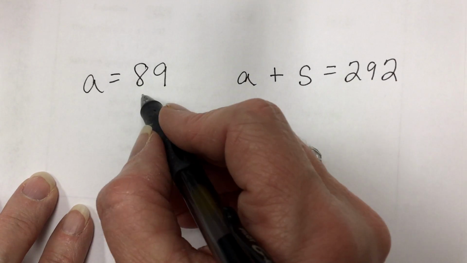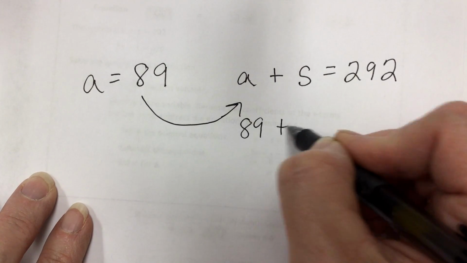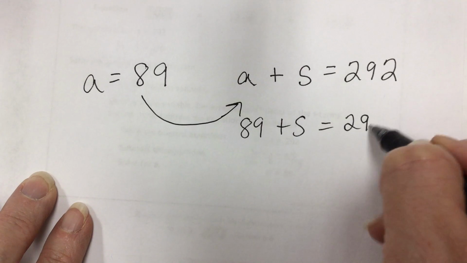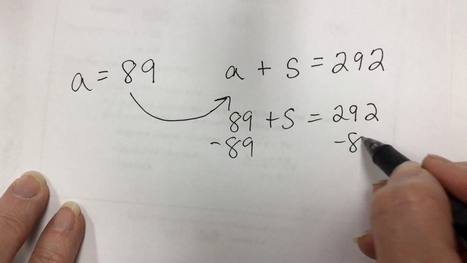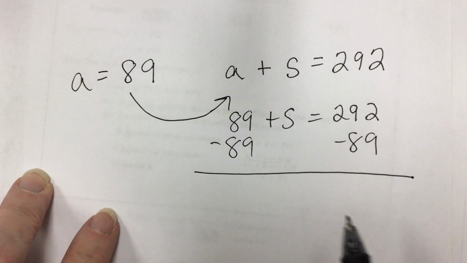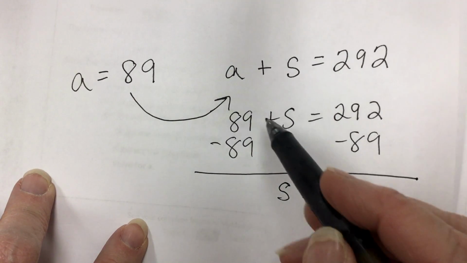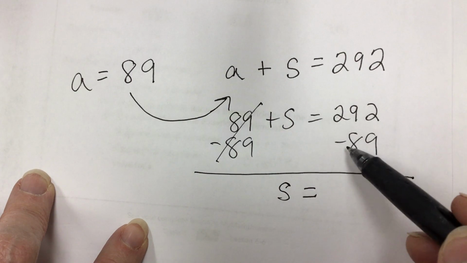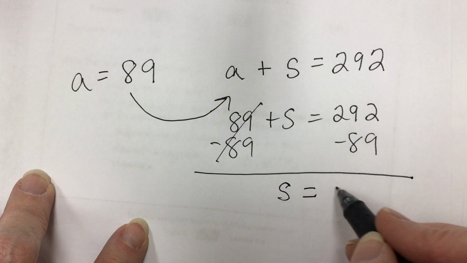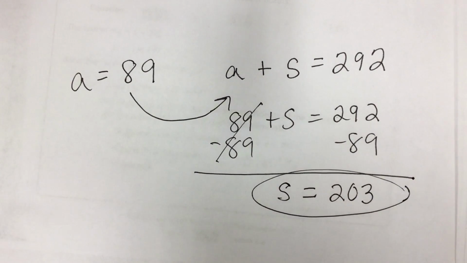So I know A is 89. Plugging in 89 for A, I have 89 plus S equals 292. Subtract 89 from both sides, and you get S is equal to, because these 89s would cancel, use your calculator, 292 minus 89 gives you 203. So we found S to be 203.